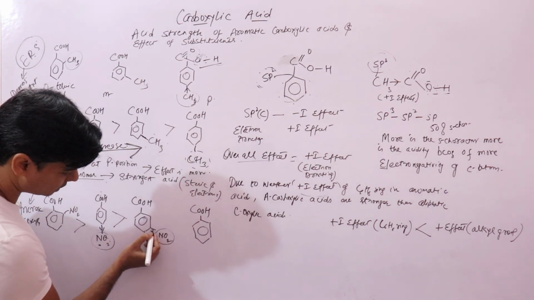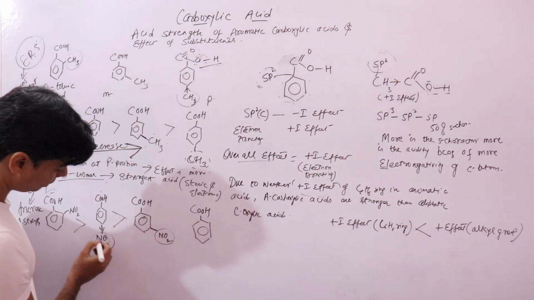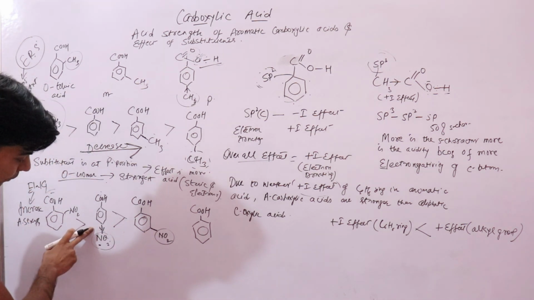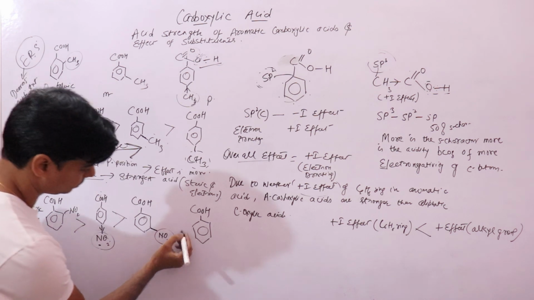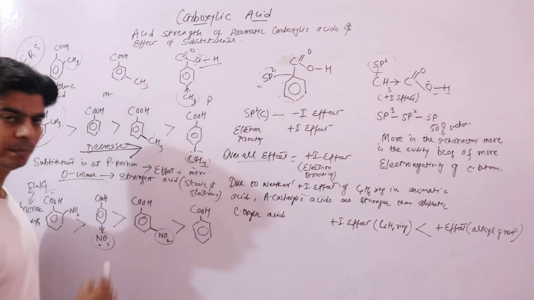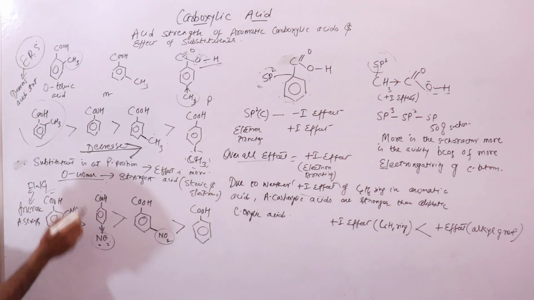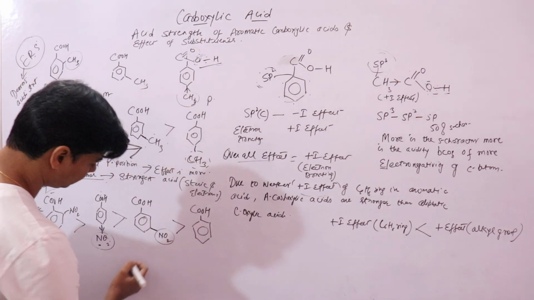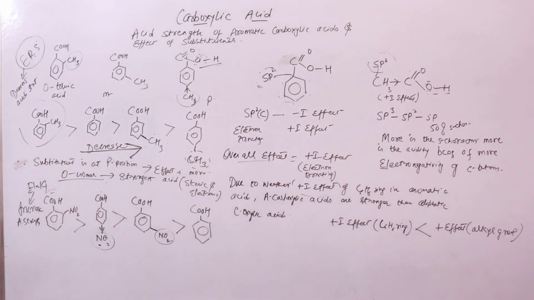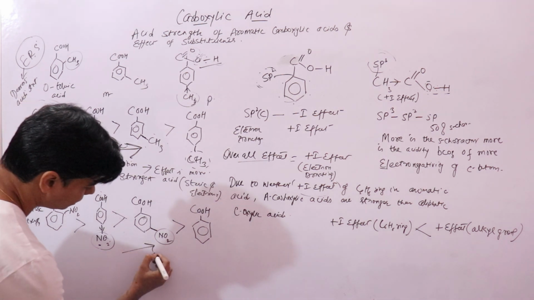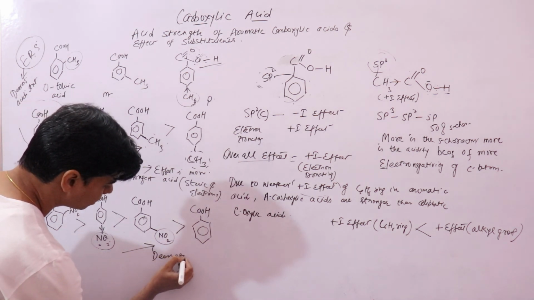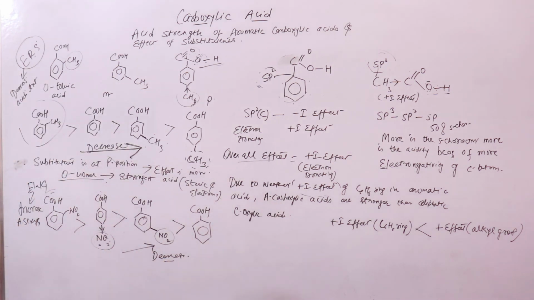Why? Because this has less electron withdrawing effect compared to the para isomer, right? So benzoic acid would be weaker. This is strongest, this is weaker, right? So the acid strength decreases in this direction. I hope this is clear.